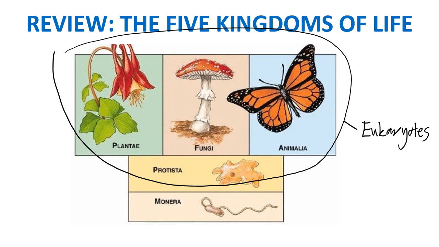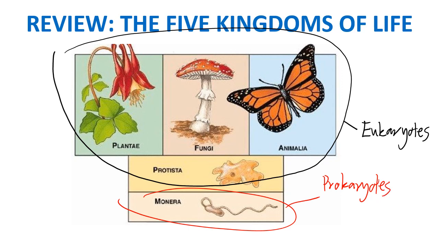We have a nucleus in our cells, and we have membrane-bound organelles like mitochondria and chloroplasts in plants. The prokaryotes are only the Monera, which is the bacteria. They have much more simple cells. They don't have a nucleus, and they don't have membrane-bound organelles.